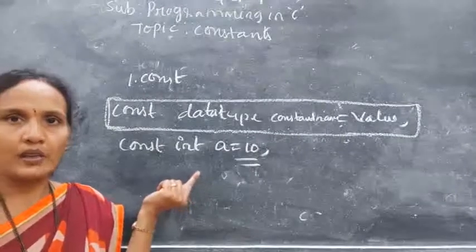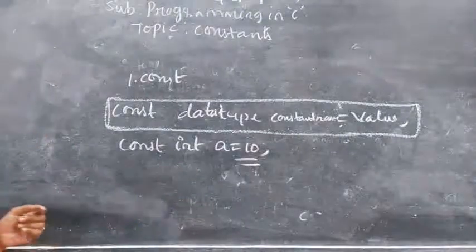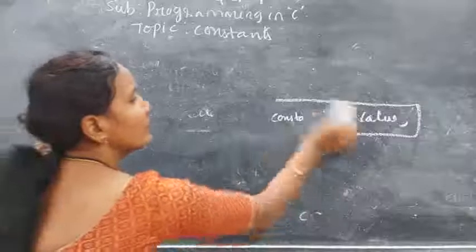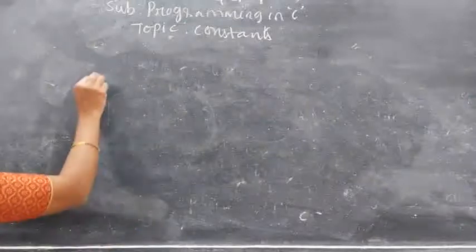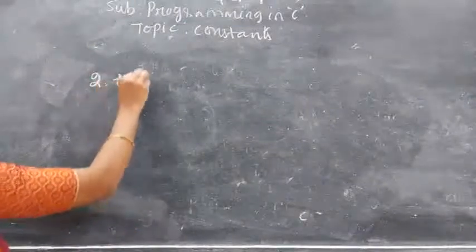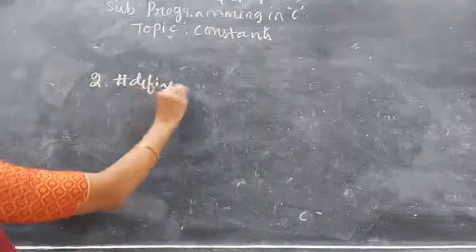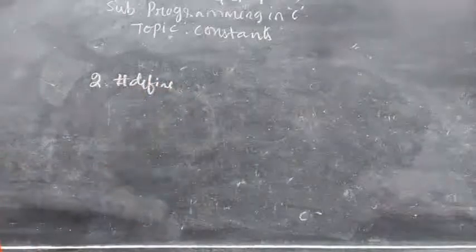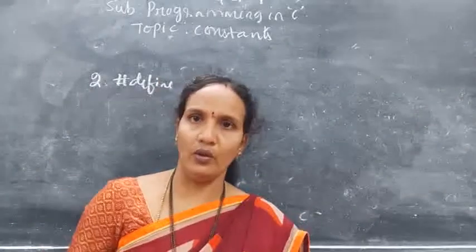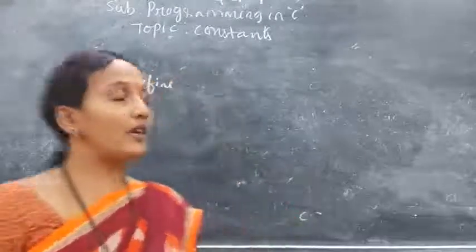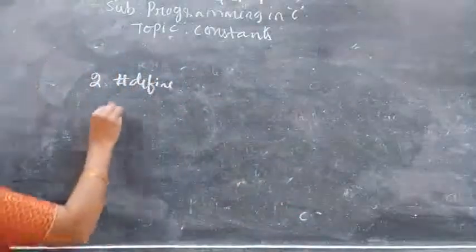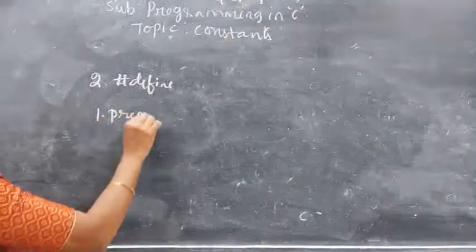Now we will discuss hash define. The second method of creating constants is the hash define. It is called a preprocessor directive.